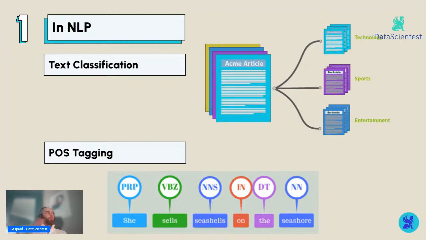But maybe some of you already know some solutions with text mining or classical machine learning techniques.